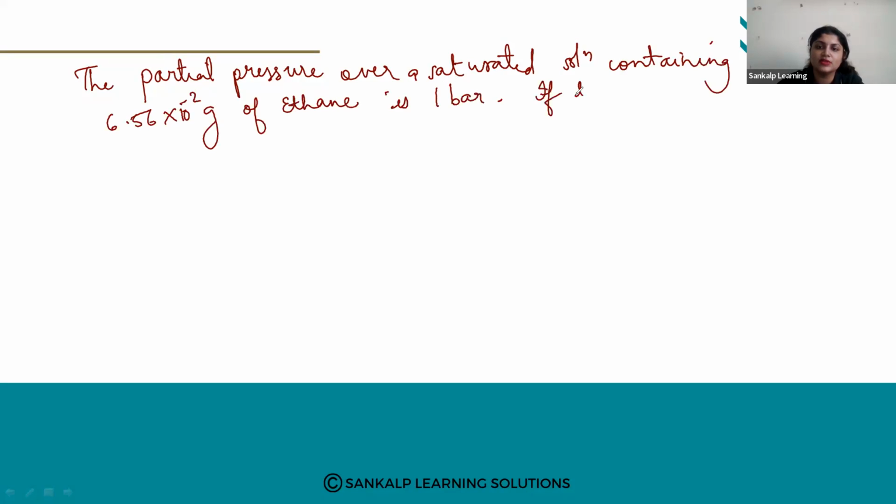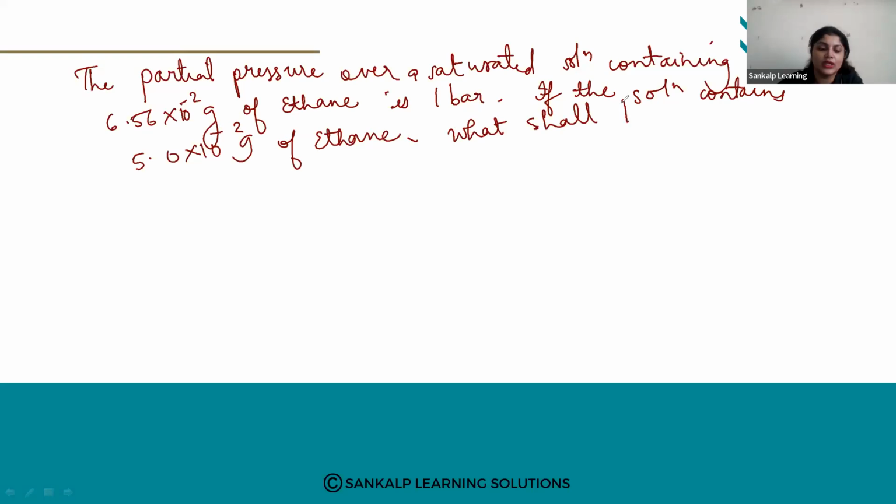If the solution contains 5.0 into 10 raised to minus 2 grams of ethane, what shall be the partial pressure of the gas?